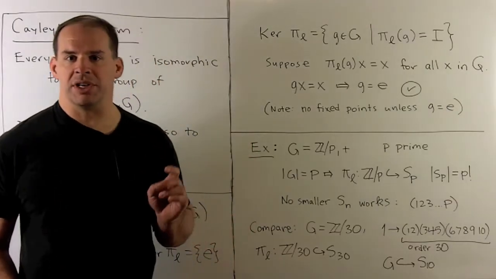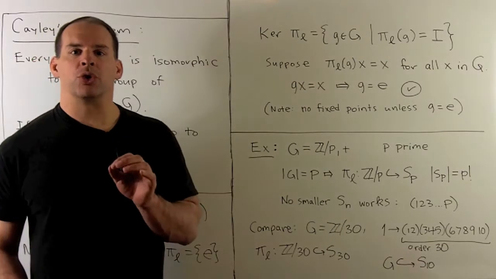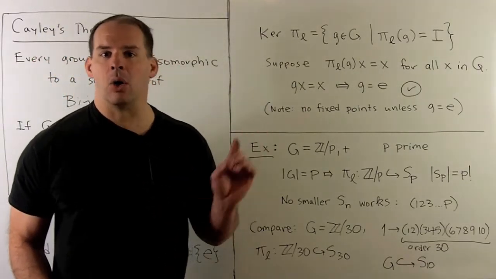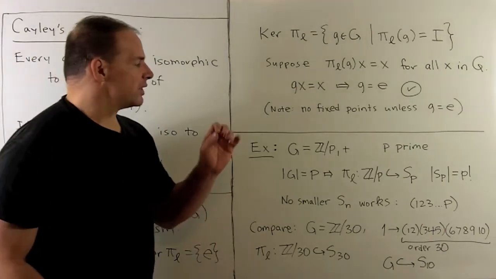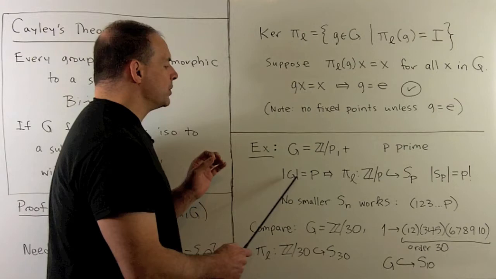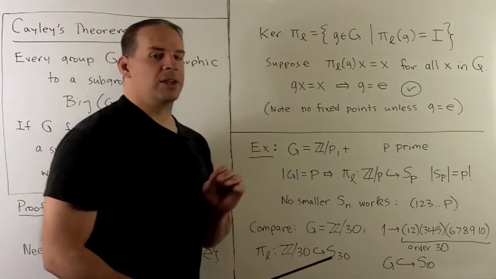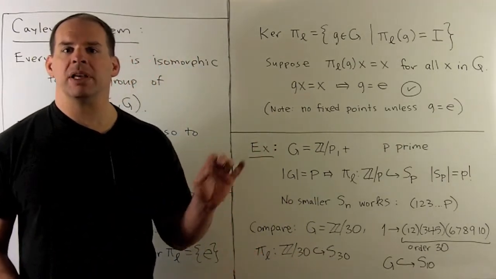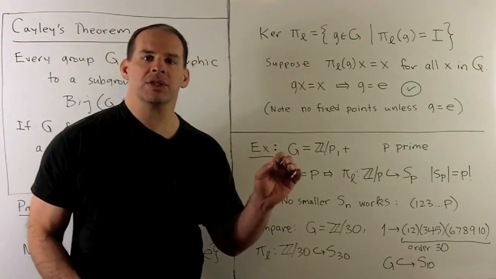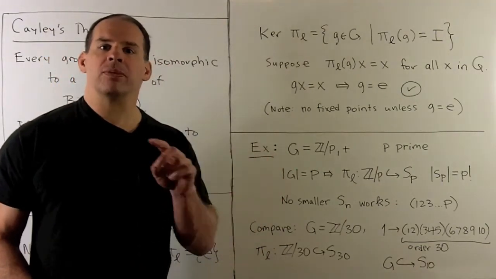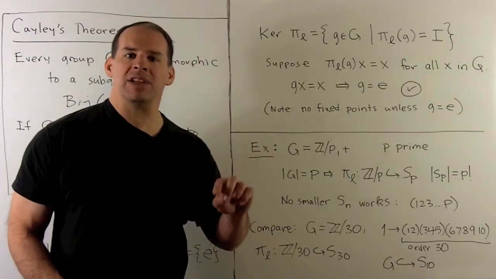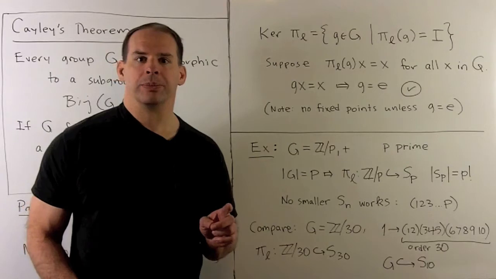When we consider specific examples, the symmetric group that comes from Cayley's theorem is usually going to be too large, but not always. If we consider Z mod P with P prime, the order of our group is equal to P, so Cayley's theorem says we can embed Z mod P into S sub P. S sub P has P factorial elements, so there's a lot of room for that Z mod P, but we can't embed Z mod P into any smaller symmetric group.